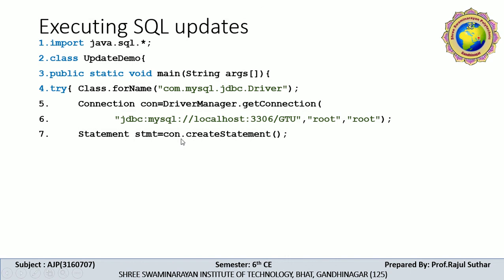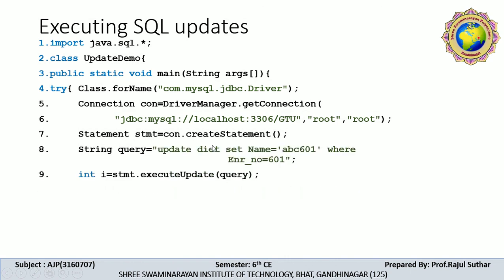Statement is equal to con.createStatement, String query for the update. Here we are performing the SQL update, so keep in mind the string query is an update query: update table name, set values. Update table name, set name equal to ABC, where enrollment number is 601.